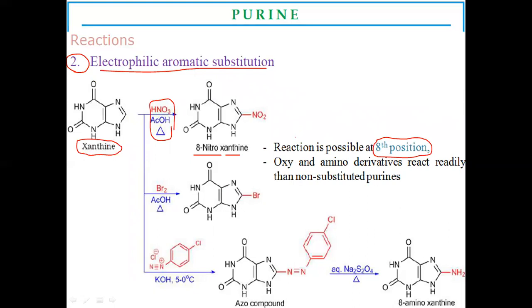So the first electrophilic aromatic substitution is nitration. There is a nitro substitution at the 8 position on xanthine. Xanthine is the most stable derivative of purine.